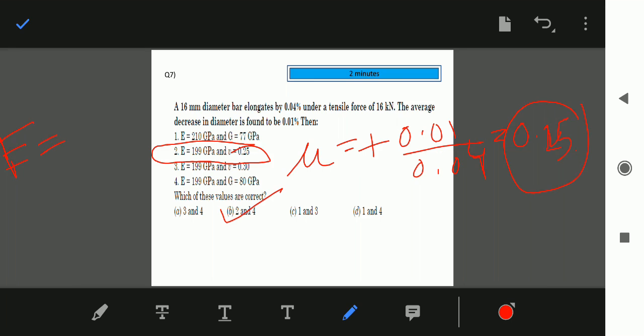So first we have to find sigma, which is load upon area. Area is pi by 4 d square, and load is given as 16 kilonewton. Epsilon will be the longitudinal strain, given as 0.04% or 0.0004. On solving, you will get E equal to 199 gigapascal.